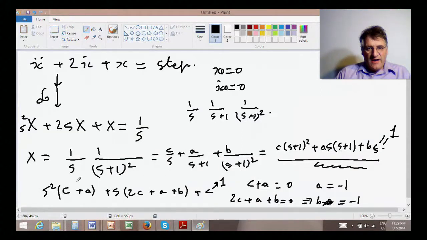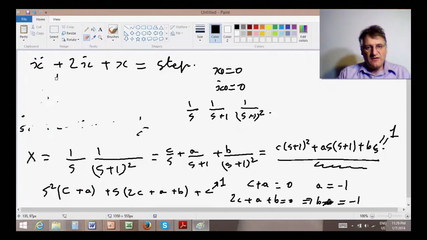Alright, so now we're back to our differential equation, and we can do a serious amount of cleanup, because we pretty much have everything here.